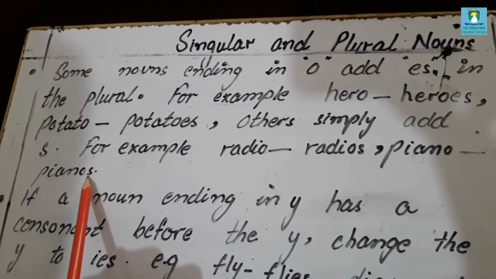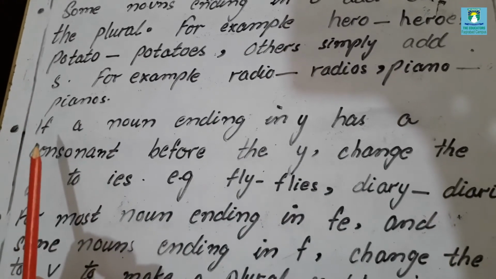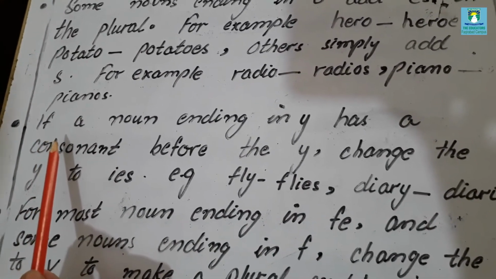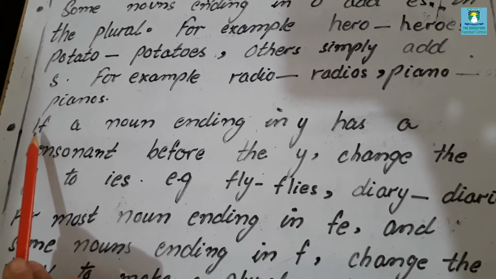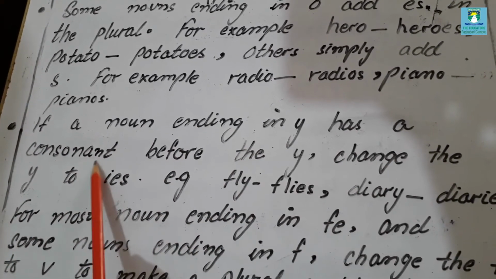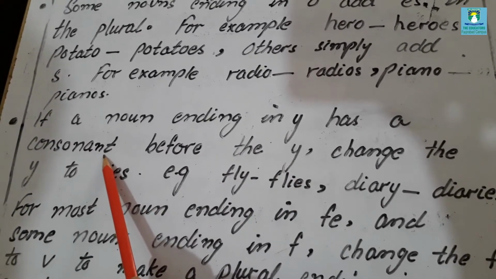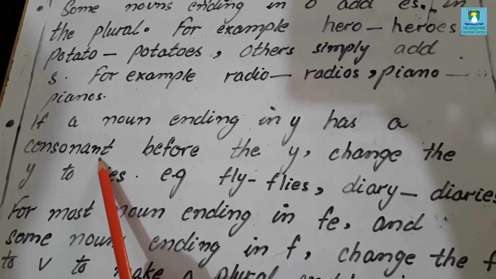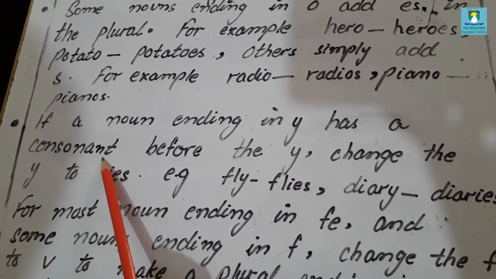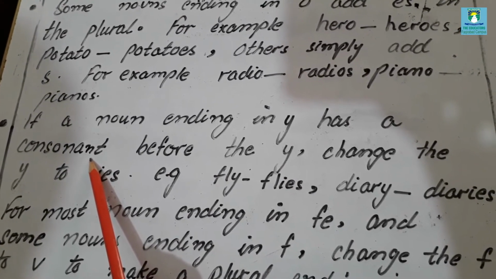The fourth rule for converting a singular noun into a plural noun is, if a noun ending in y has a consonant before the y. You know what consonants are? All those English alphabets which are not vowels are consonants. The alphabets other than vowels are known as consonants.